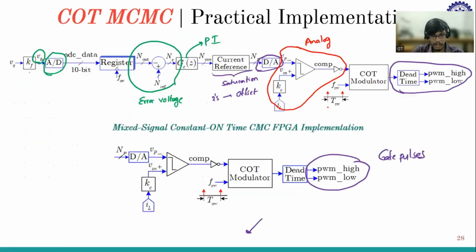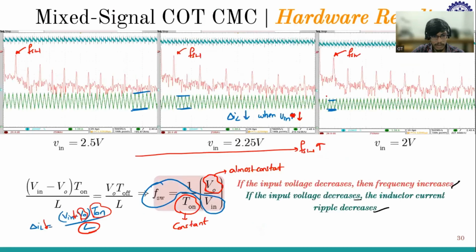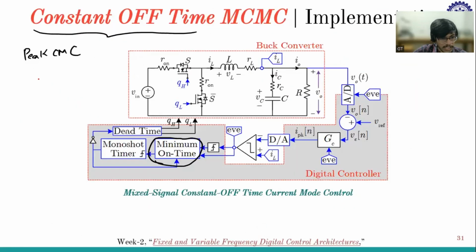Similarly, if I come back to constant on time, say this is peak current mode control, and it is constant off time. Whenever this inductor current is touching I reference, I have to get the information of this event so that this event will trigger my constant off time modulator. Whenever this touches, my code should know that yes, IL has touched I reference.